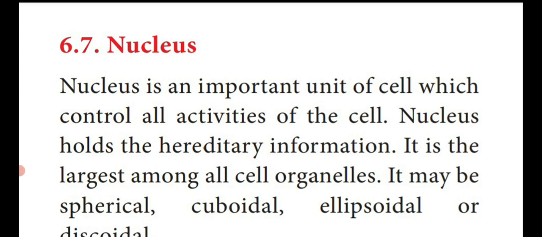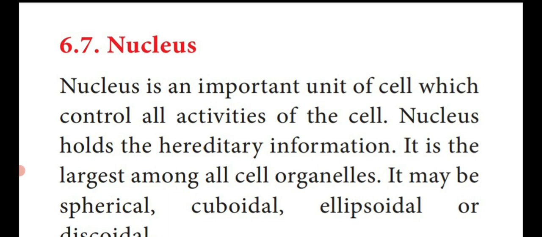This brain controls all the activities of our body. Likewise, in a plant cell, the nucleus controls all the activities of a cell. Not only that, the nucleus contains the important hereditary information. It is the largest cell organelle of a cell when compared to other cell organelles.